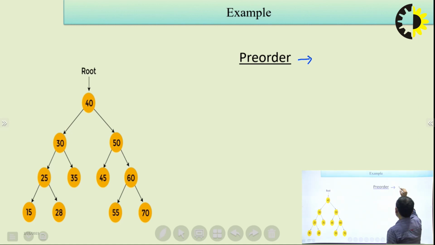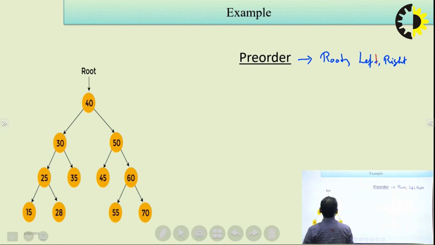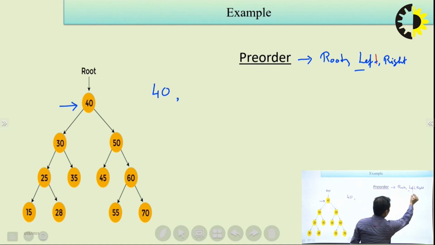The traversing sequence: pre-order means first visit the root, then visit the left subtree, then visit the right subtree. This is the pre-order. So, first visit the root node. What is the root node in this case? We will start from here, the root node is 40. So, first visit the 40, then visit the left subtree.